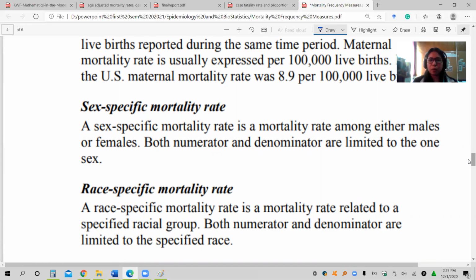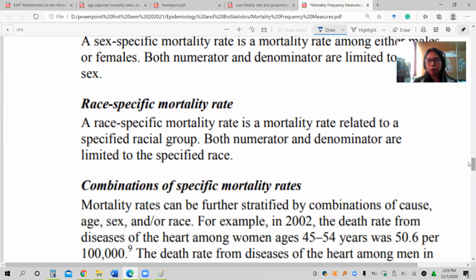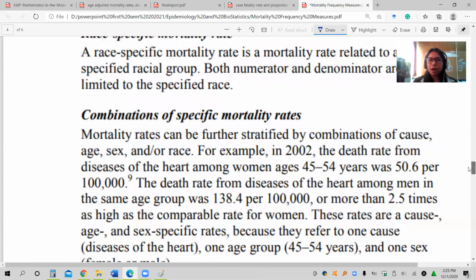So if you want to compute for the male, you will consider the denominator as the population of the male. For race, you can also consider race or a combination of specific mortality rates.